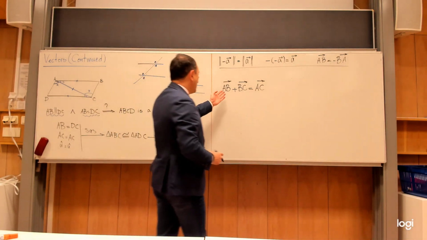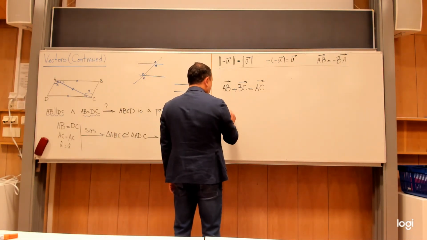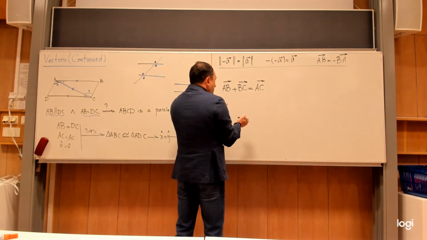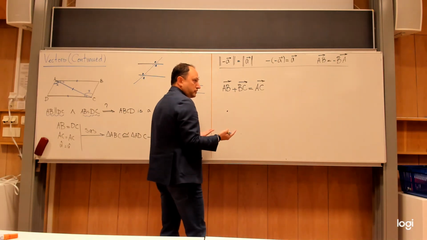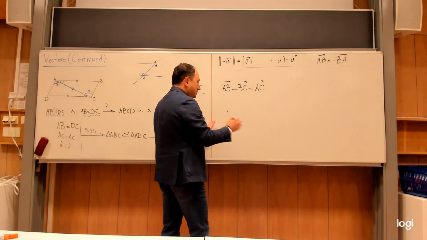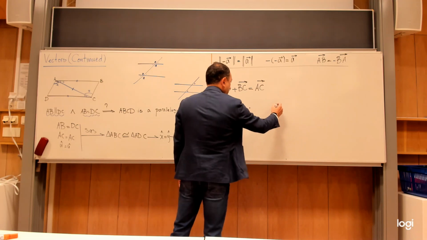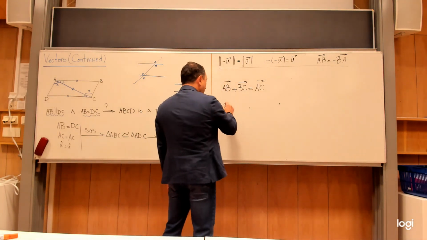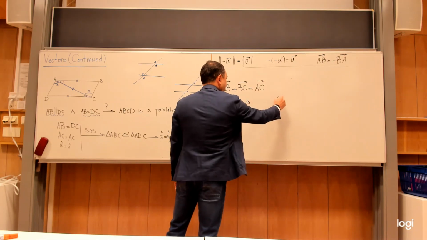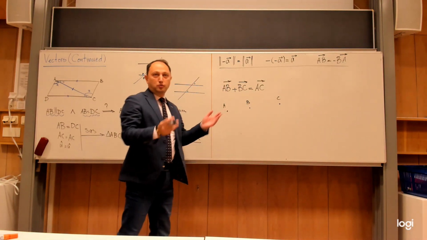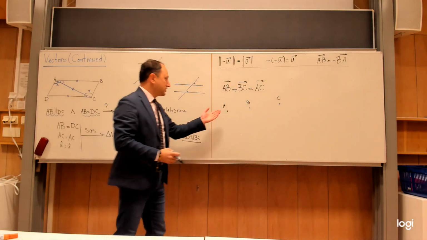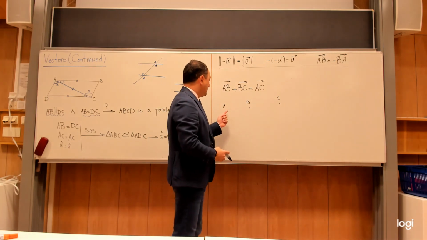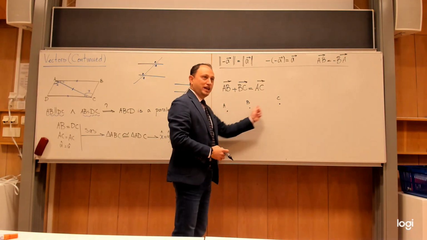Okay? So here, I have 3 points. There are 2 possibilities for 3 points. Either they are on the same line, yes? If you really want to convince yourself that this is true, you need to consider all possible cases. For example, let us consider that first, these 3 points are on the same straight line.